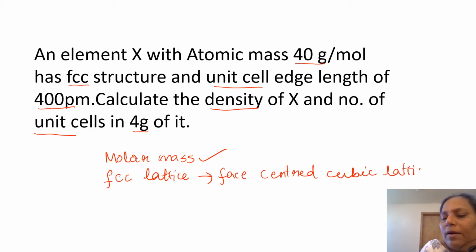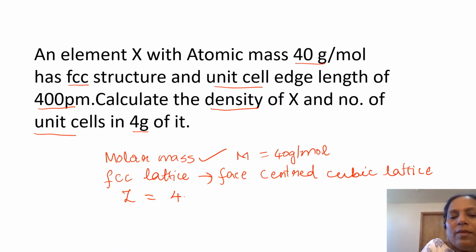So the number of atoms in one unit cell in an FCC lattice, Z, is equal to 4. So we know the molar mass M, which is equal to 40 gram per mole. We know that Z is equal to 4, and then the edge length A is given as 400 picometer.